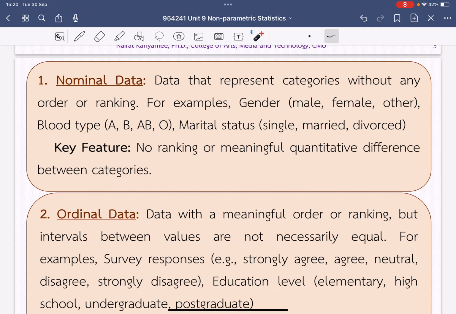In other words, it's categorical data, without any order or rank. You cannot rank them. For example, gender, male, female, you cannot rank them, and they are categorical or qualitative data, right?